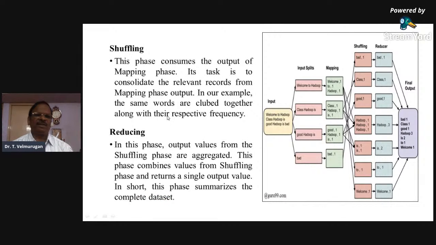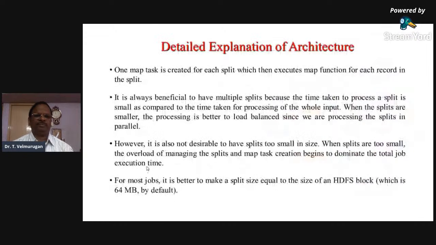How the shuffling is carried out and how the reducing phase is carried out, we discussed enough. So this is the detailed explanation of how the architecture is carried out.